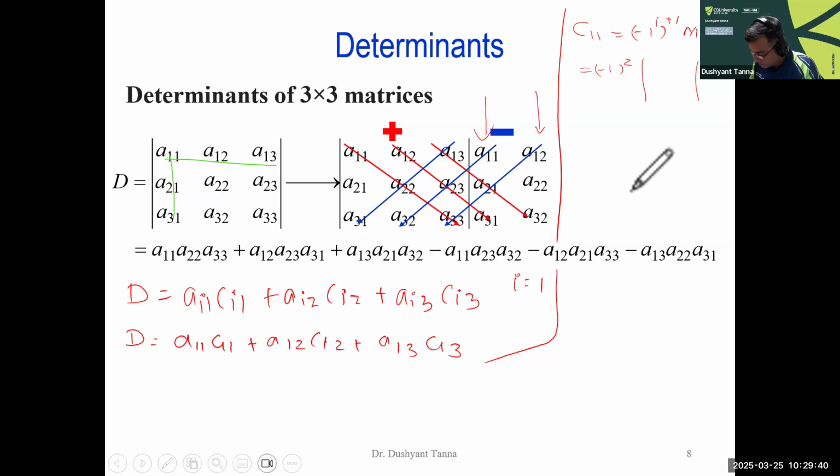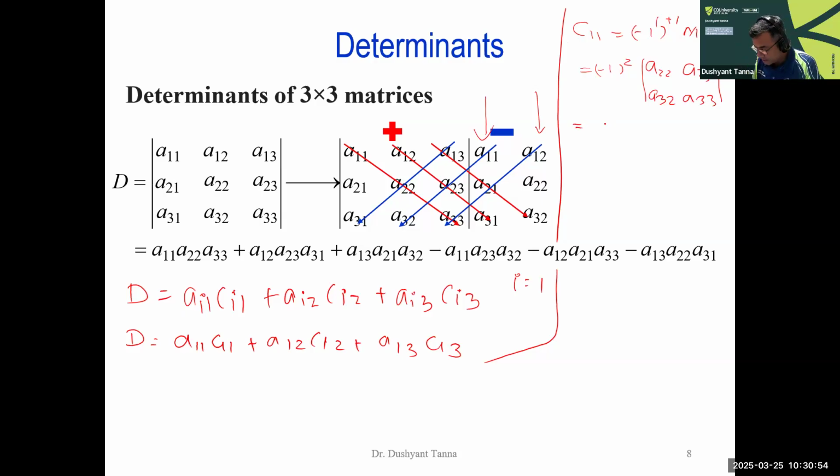Okay, so what you got? Minus 1 power 2, we are talking about A22, A23, A32, A33.